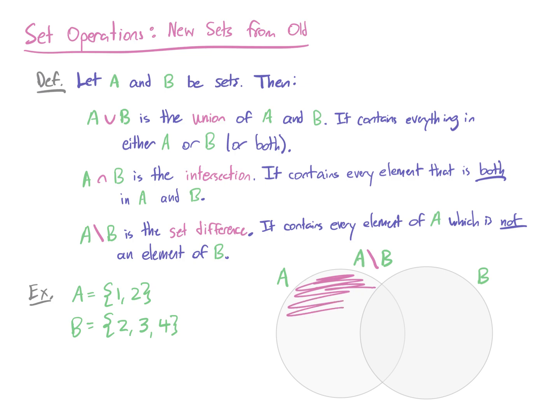So this time, my new set, the set difference of A and B, looks like this. It's the set A with a bite taken out of it because the stuff that's also in B is not included. So, with Venn diagrams, I can create geometric representations of sets and the results of combining sets using set operations.